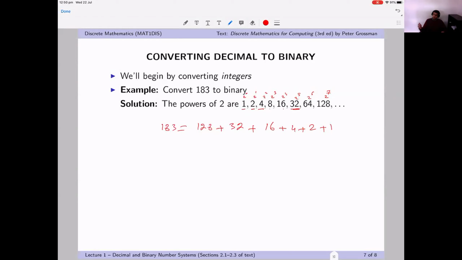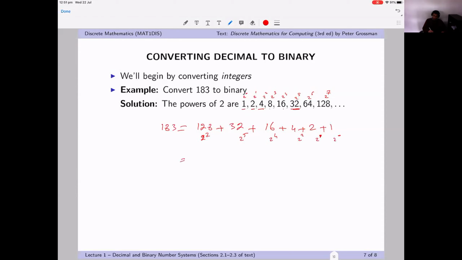So as you can see, 128 plus 32 is 160, 176, 180, 182, 183. So all of these numbers are written as powers of 2, right? So this 128 can be written as 2 to power 7, 2 to power 5, 2 to power 4, 2 to power 2, 2 to power 1, and 2 to power 0.